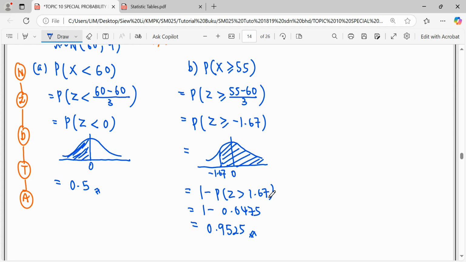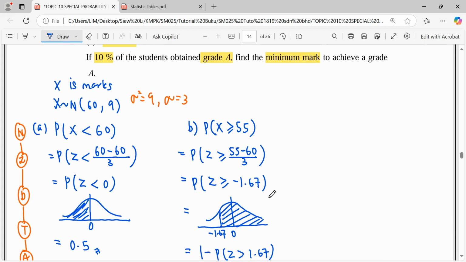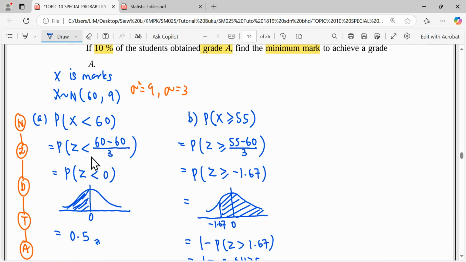Then we go for the second part here. They ask us to find the minimum passing marks for the grade A. 10% here indicates the probability is 0.1. So for this part, the probability for marks more than or equal to some minimum mark has to be 0.1.